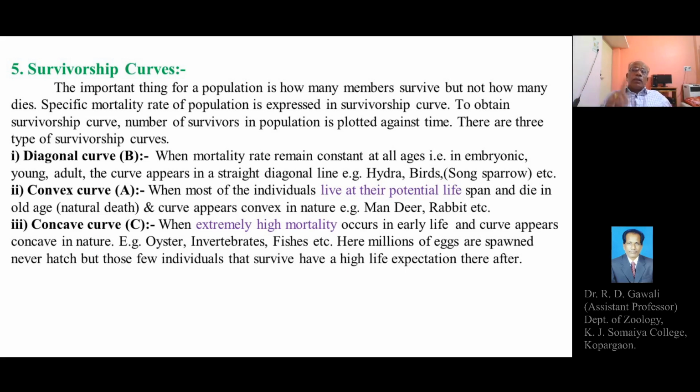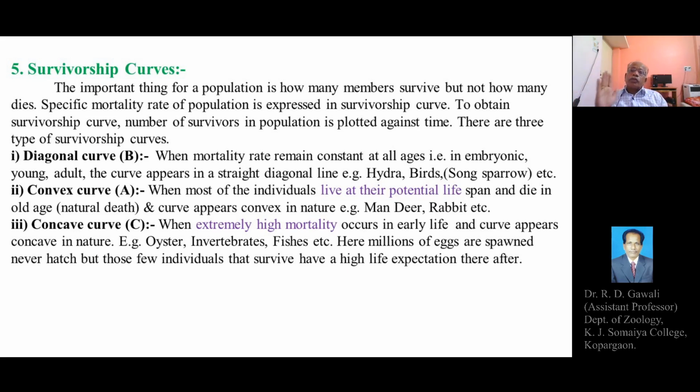So the population shows extremely high mortality in early life, that is, in the young or embryonic stage, where very few may hatch and survive.